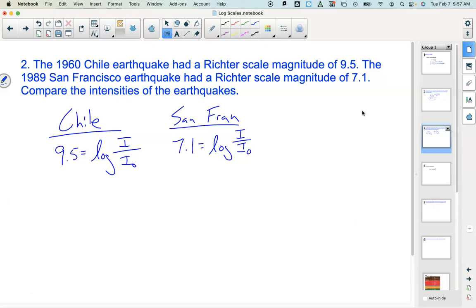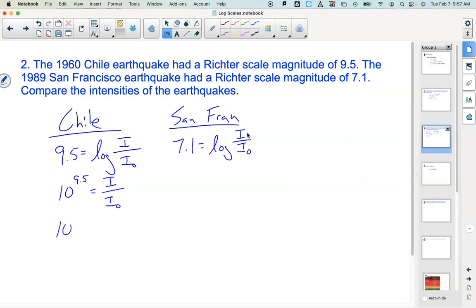And what we want to do is compare their intensities. So I want to solve each of these for I. Because this is a log base 10, we're going to rewrite this as an exponential. 10 to the 9.5 equals I over I sub 0.